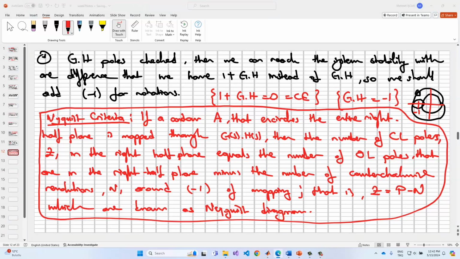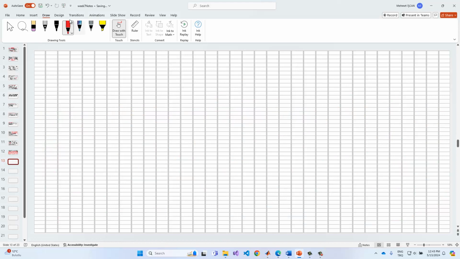Okay, and so how can we determine the stability in these examples? First of all, we can create an example in here. Assume that we have a block diagram just like this one.